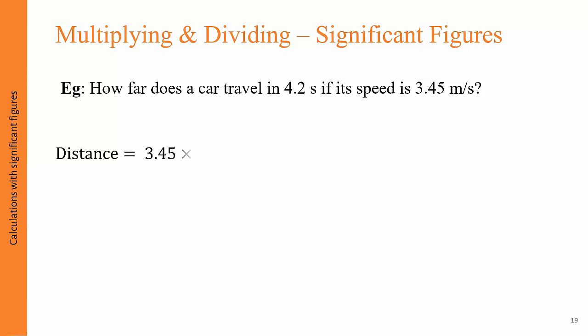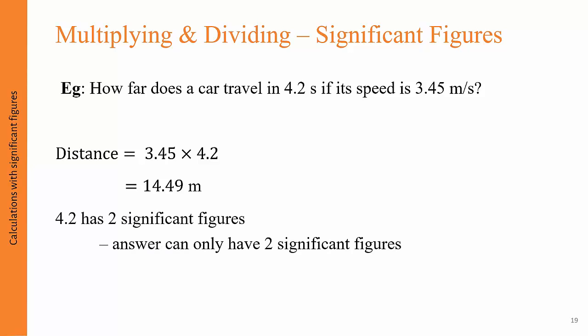Well, to work out the distance, we multiply those two figures, the speed times the time, and we get 14.49 meters. Now 4.2 has two significant figures, so our answer can't be more precise than that. Our answer should only have two significant figures. And so we'll quote our answer as simply 14 meters.